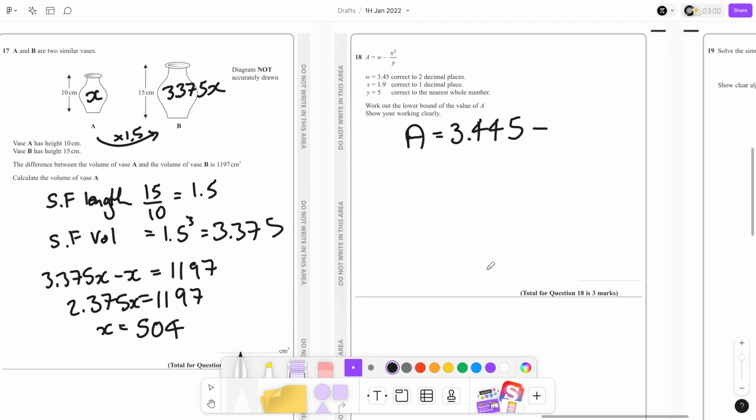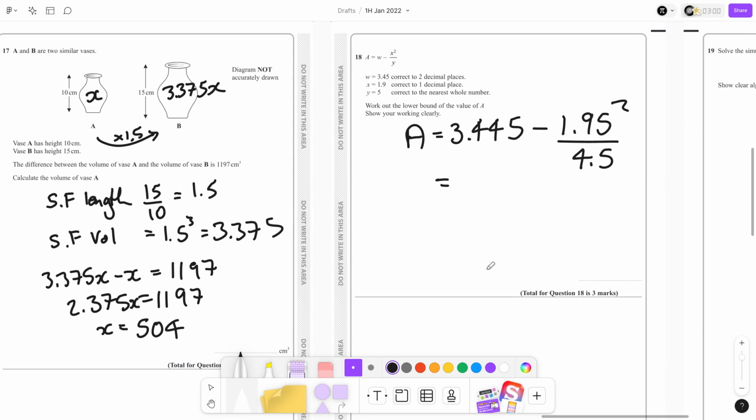So we want a big X, so big X, 1 decimal place is 1.95, and we're going to square it, and then we're taking away something big, so we want this bit to be big, so we want the bottom to be small. Nearest whole number, so the bottom is small, is 4.5.